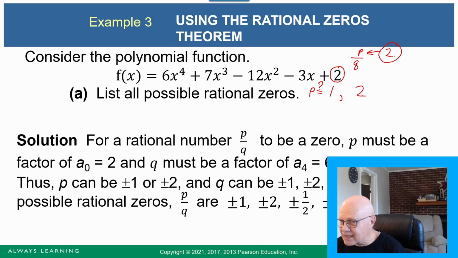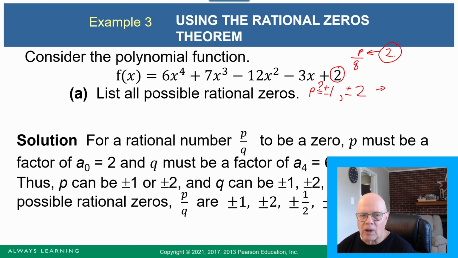But not only that, don't forget, not only a plus 1 does, but a minus 1 does as well. Plus, minus, both of them. So we've got 4 possible numerators for rational zero possibilities, just from the constant term. Remember, these are numbers that might be in the numerator of your possible rational zero.